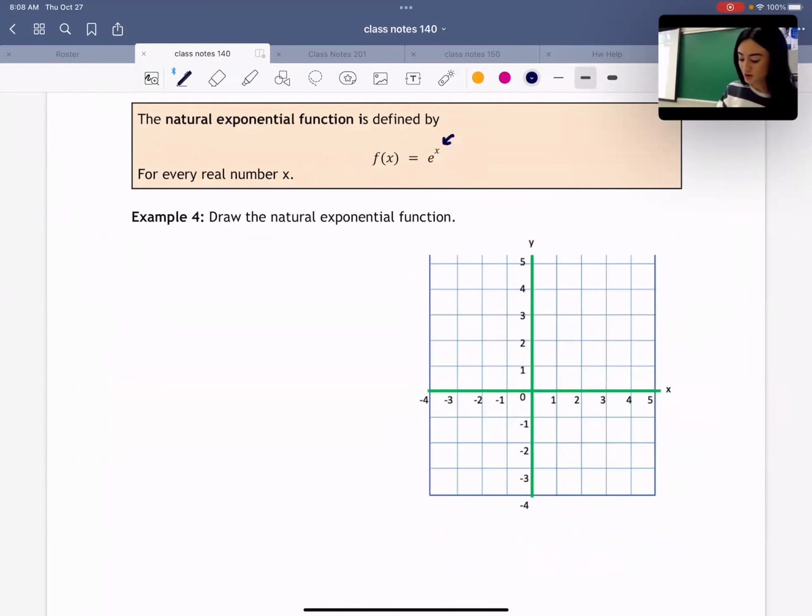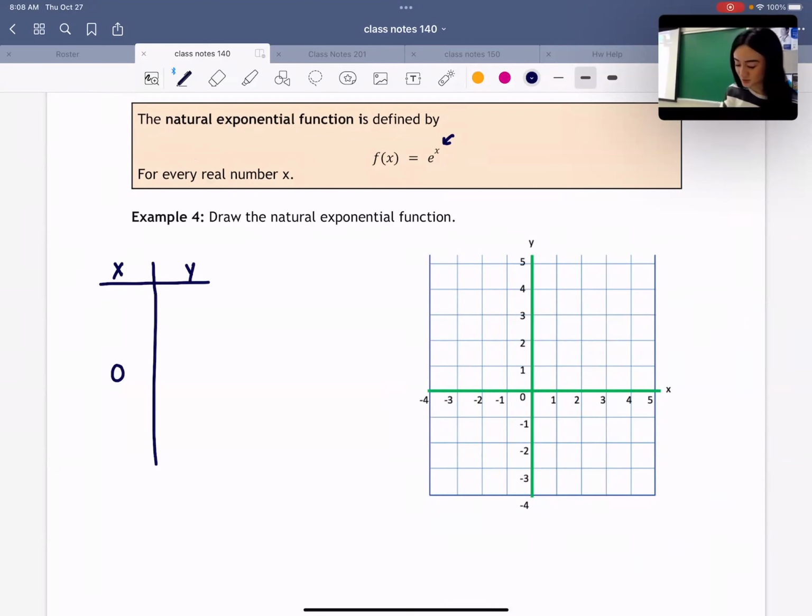So I told you whenever we do exponential drawing in this class, we always plug in some points, right? So we plug in x and y, okay? Easiest point is x equals 0. When x equals 0, what is y for any exponential function? Oh, it's 1, right?